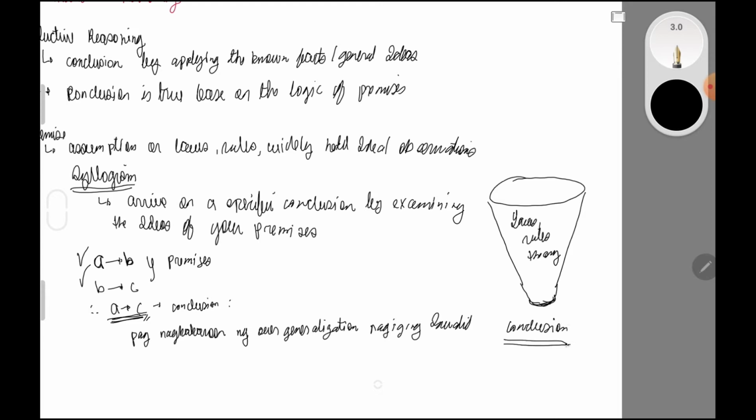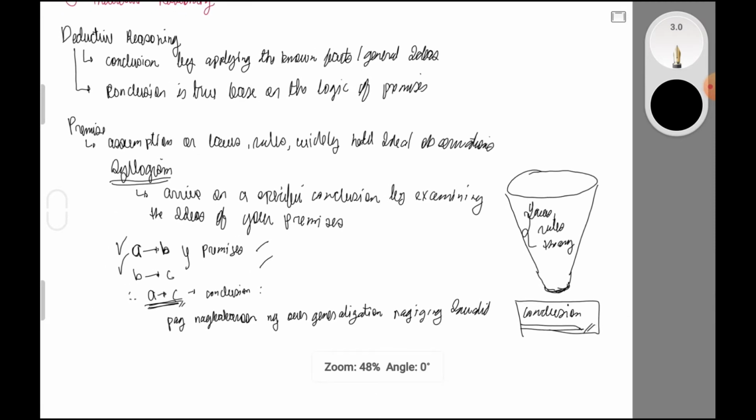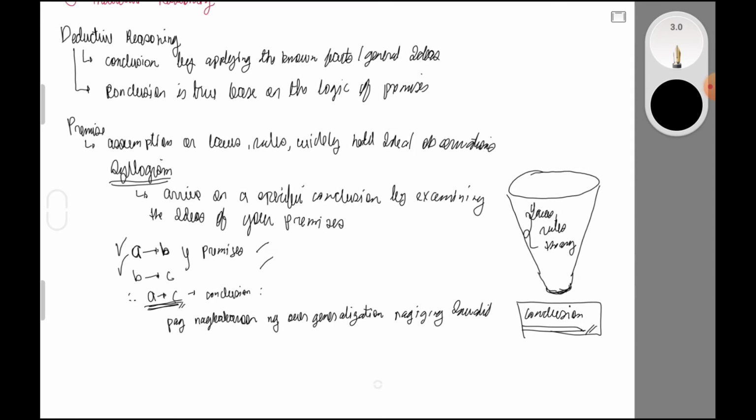Okay? But if this conclusion will be over generalized as I have said, so therefore it may be invalidated. Okay? But if this conclusion will jive with the two premises, okay, by examining the conclusion, nakita mo naman na nag-jive sa premises mo, and by the rule and theory that it would not violate any of this, so therefore, I may say that the conclusion is valid. So that is your deductive reasoning.